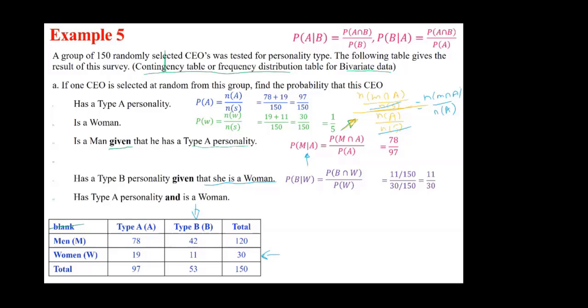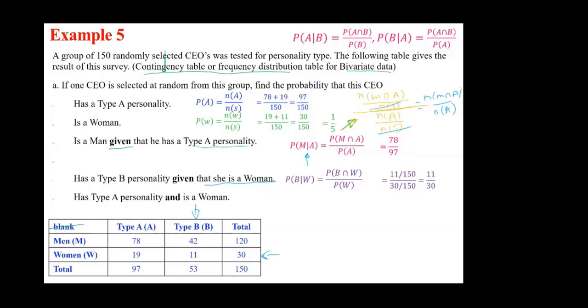Now, anytime you have a given, your sample space is no longer there, but anything other than that, your sample space goes back to the original 150. So when we are looking at the next one, it says has type A personality and is a woman, your denominator remains at 150. It's important to know that it is always the total size of 150 with the exception of conditional probability. The moment you see given, it is no longer there.